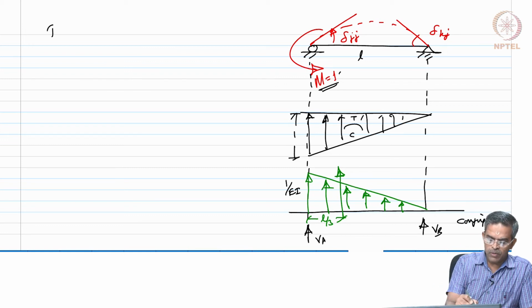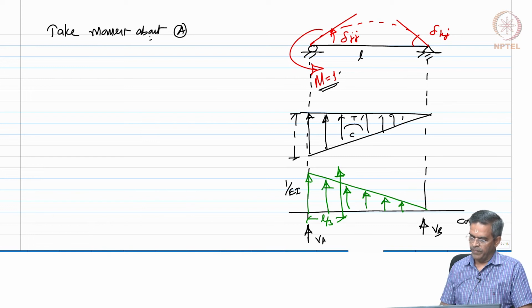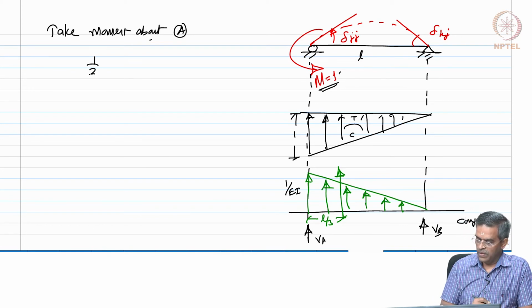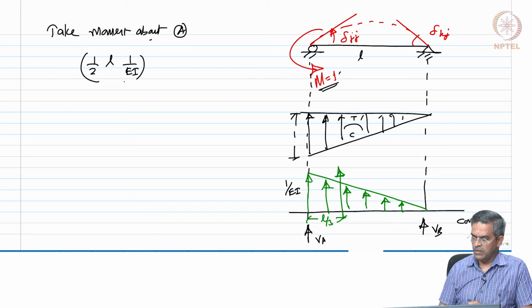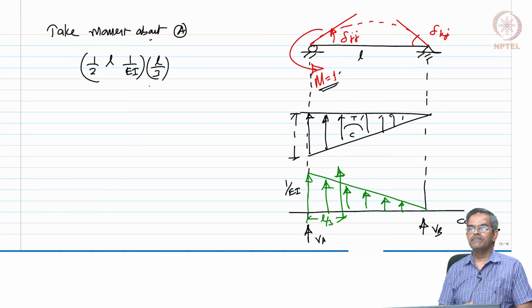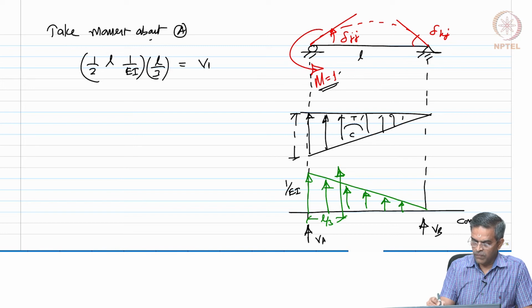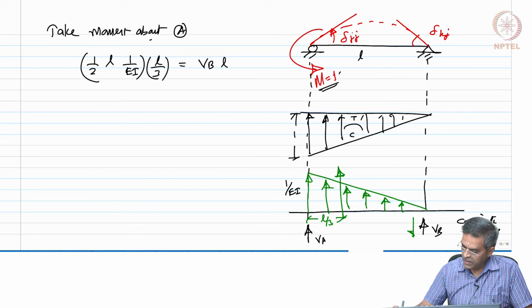Now, let us take moment about A. So, half into base into height, that gives the area of this triangle, into the distance of the CG from A, which is L by 3, should be equal to VB into L, provided VB is now opposite.